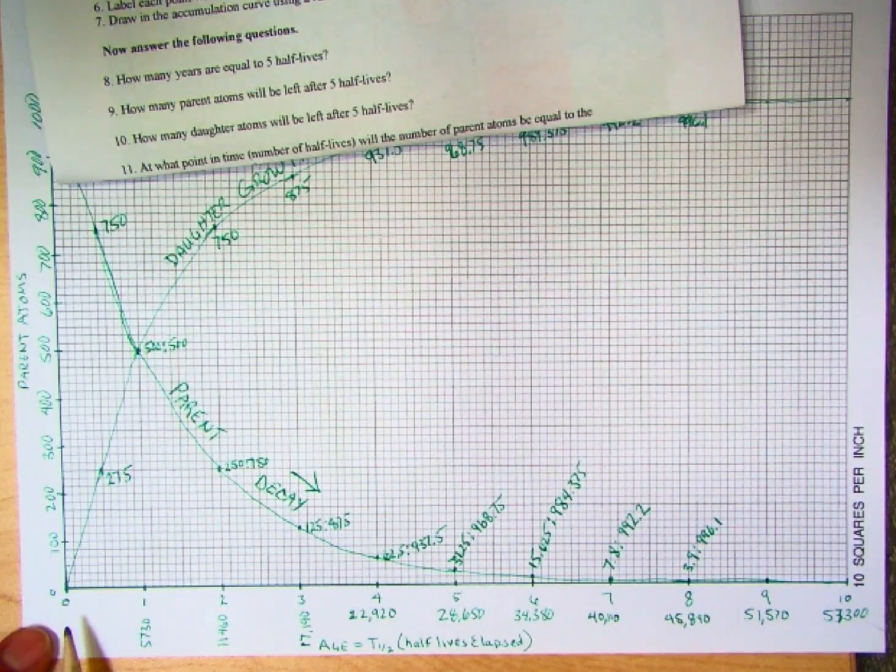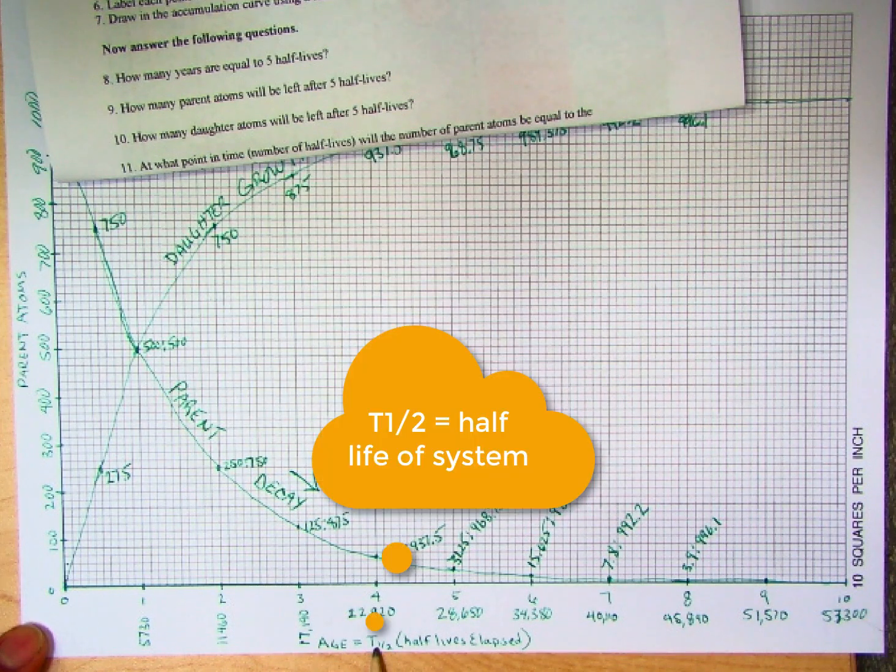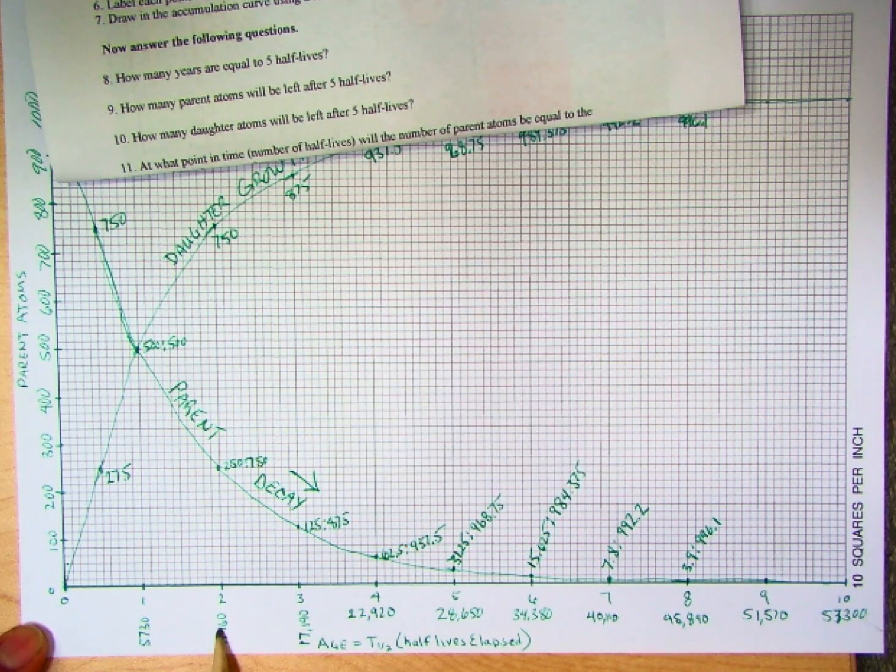At 0 half-lives, note that there are no half-lives elapsed. But after 1 half-life, it would be 1 times T1/2. Remember, T1/2 is 5730 years. So 1 times 5730 is 5730. And after 2 half-lives, 2 times 5730 will give me 11,460.